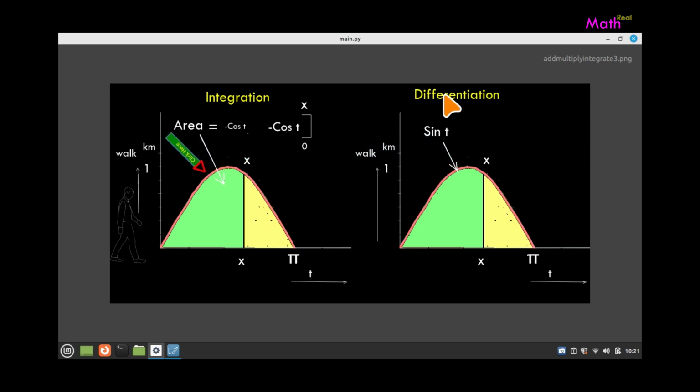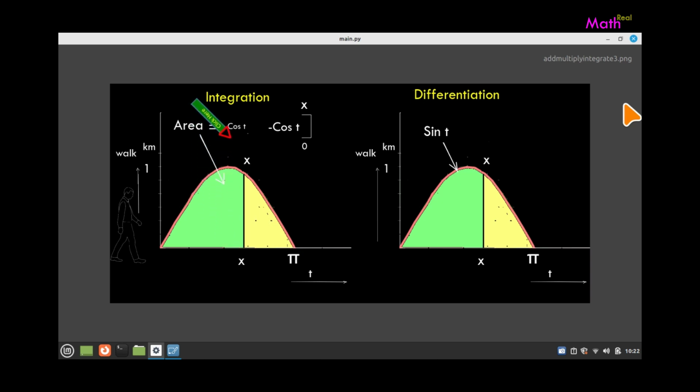Okay, like if a person is walking in a kind of sine wave, he starts from 0, and after some time he reaches the maximum, that is 1, and then he decelerates and his speed comes back to 0. At any moment x, how many kilometers he has walked, that is the area we see in green.